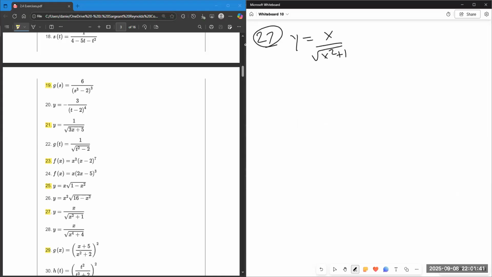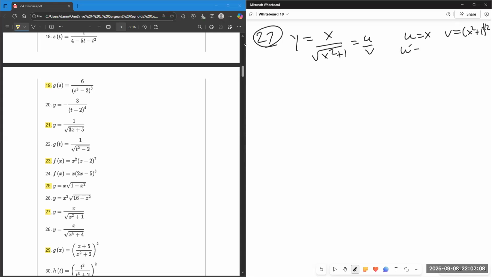So we're going to have a composition of functions here for my v term. I call this u over v. U is x and v is x squared plus 1 to the 1/2.